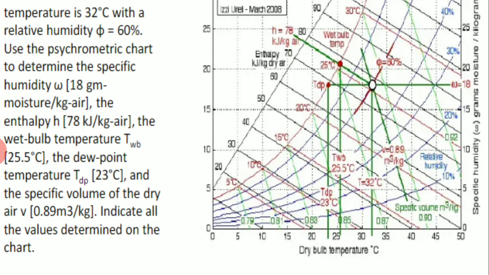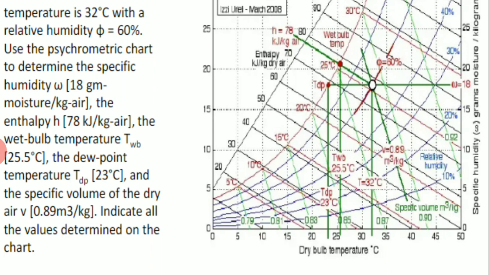So W will be 18 grams of water vapor per kg of dry air. So the first point is clear: first mark 32, move vertically upward, then where the 60% relative humidity curve and the 32 line meet, mark that as the fixed point. Corresponding to that, move horizontally to the right, and you can obtain W.